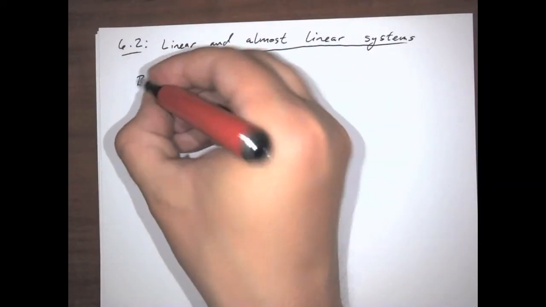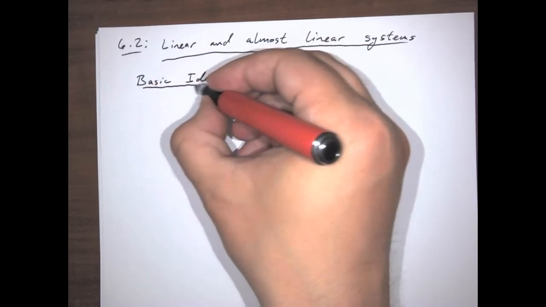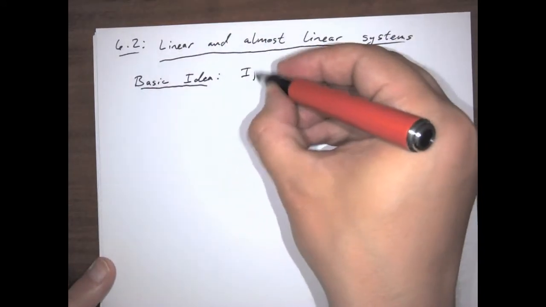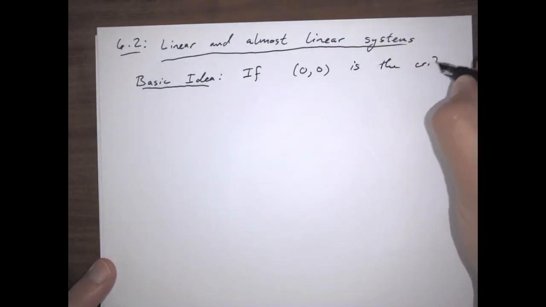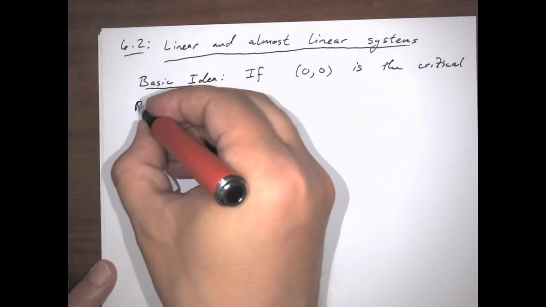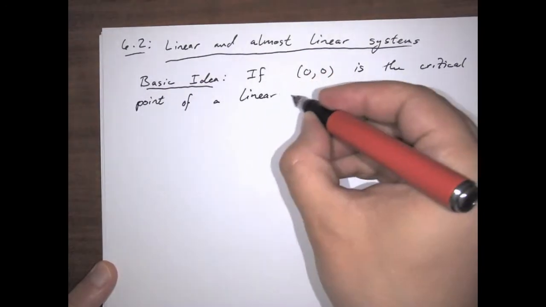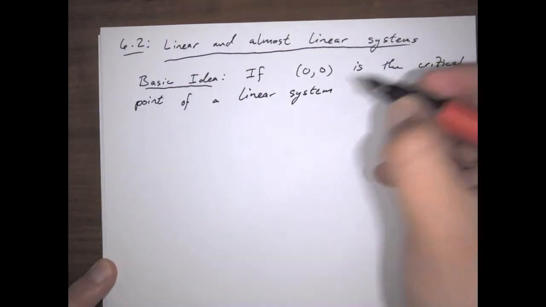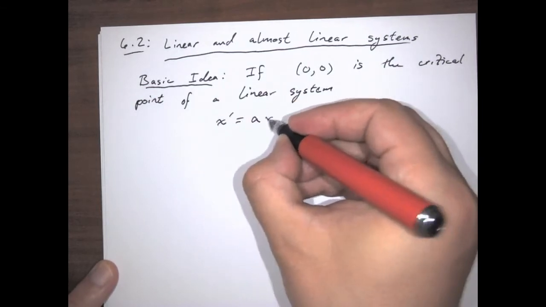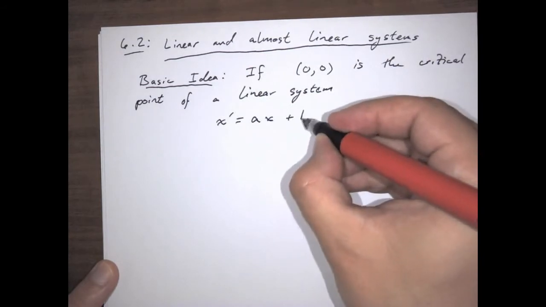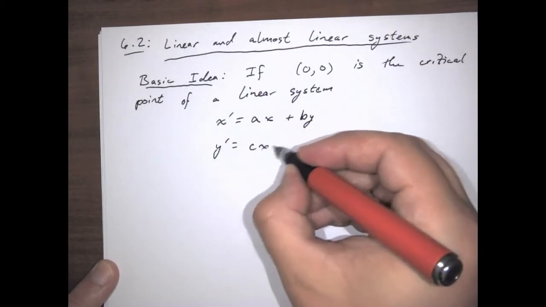And here's the basic idea. So if (0, 0) is the critical point of a linear system, and in particular it's going to have some form like x prime equals ax plus by, and then y prime is going to equal cx plus dy.